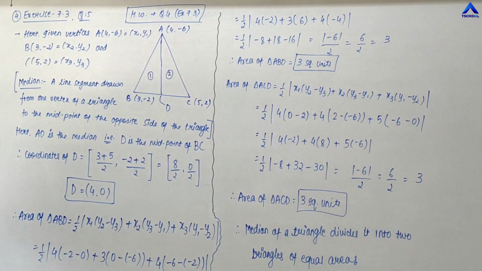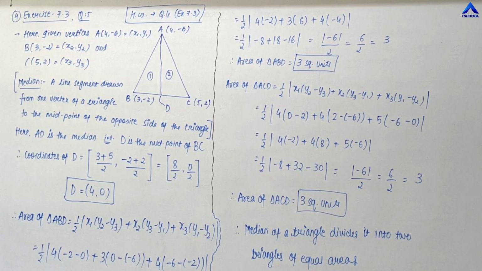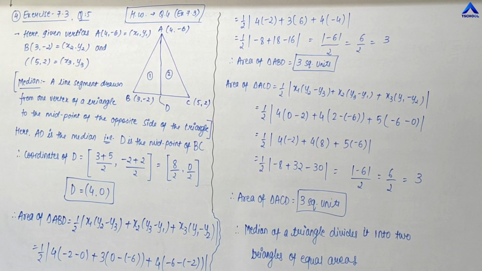Right? So that is the conclusion, that median of a triangle divides the triangle into two triangles of equal areas. And hence, friends, here we conclude this chapter, that is coordinate geometry.